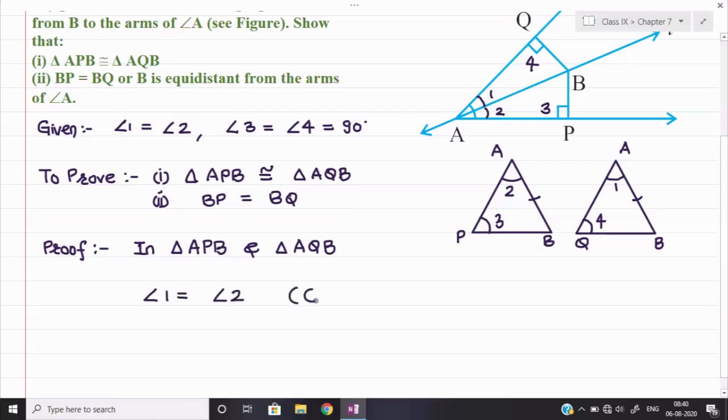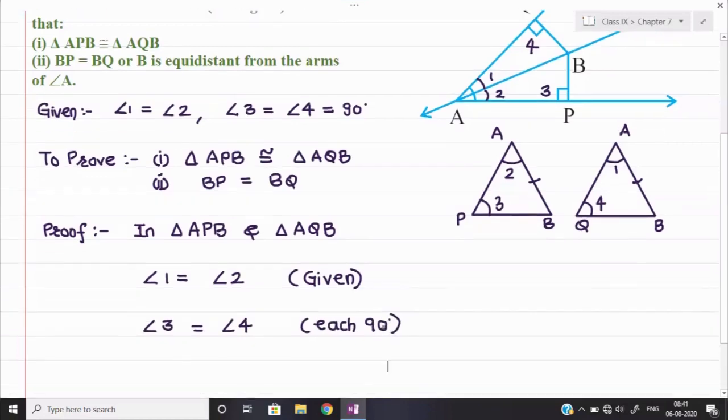The reason we can give here is by given. Okay, then angle 3 is equal to angle 4. The reason we can give here, either you can write down given, or more properly you can write down both are 90 degrees, each 90 degrees.